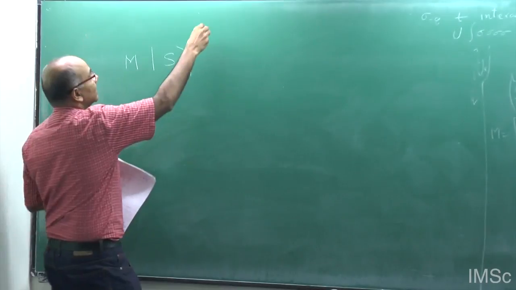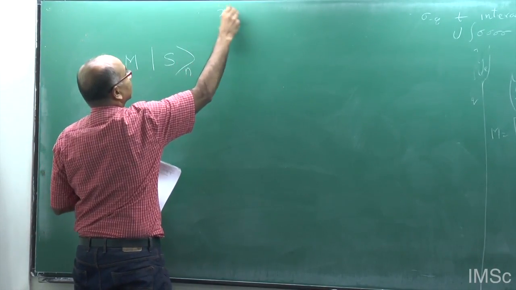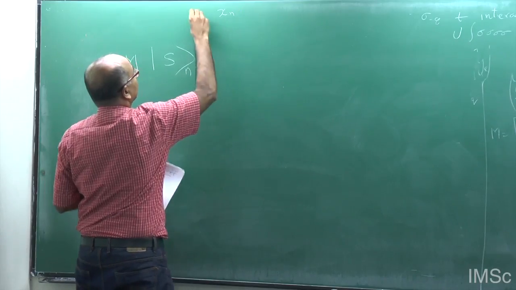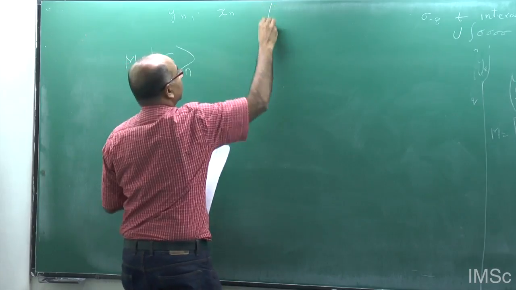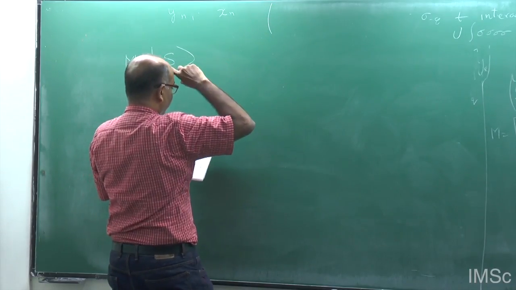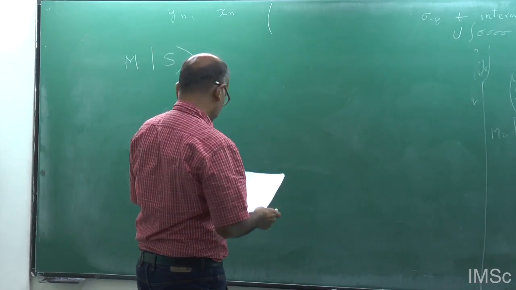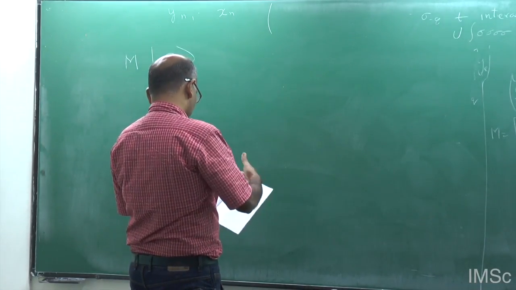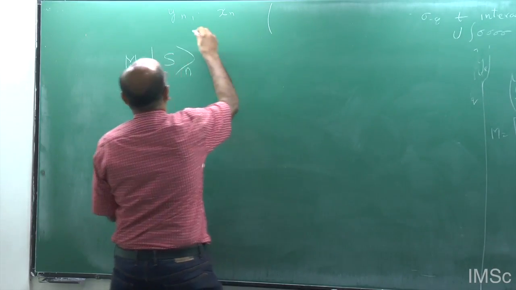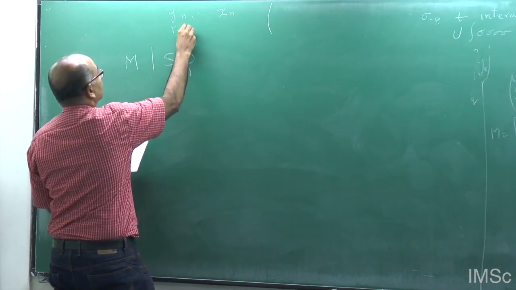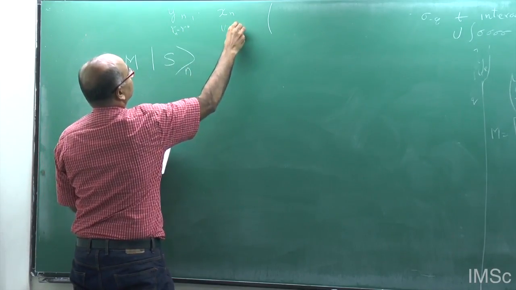What do I mean by S? It means you have some xn and yn. I always get confused: Y was the R. So this was the R minus R star, and this is U minus U star.